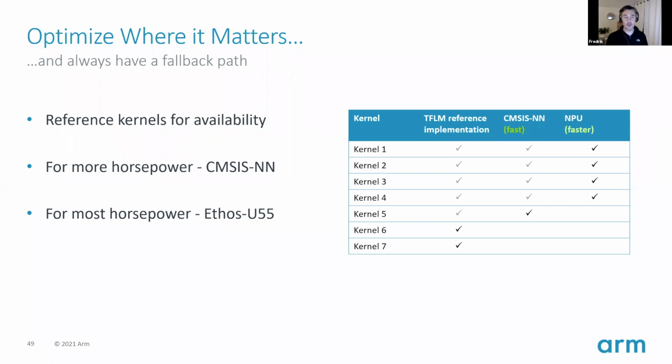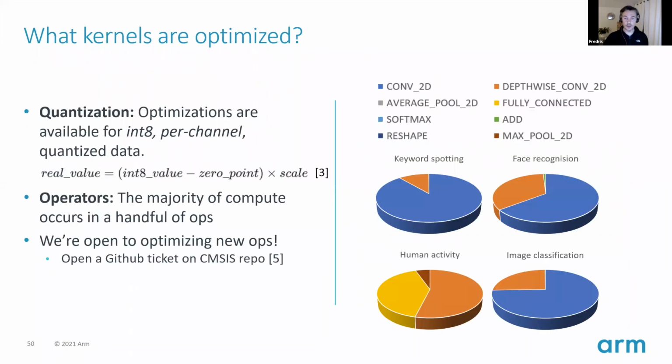And if you want even more horsepower, like if you need some kind of dedicated computational kernel, such as Ethos-U55, one of my colleagues will host a talk about that later this year, so I won't go any more into details on that.